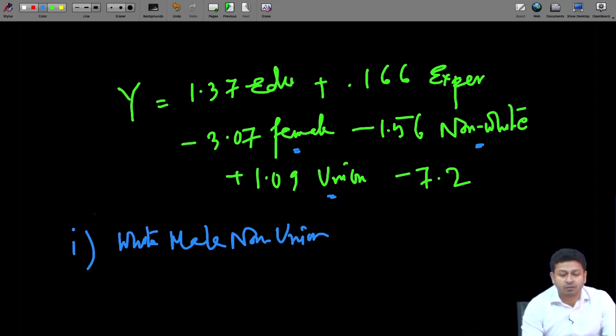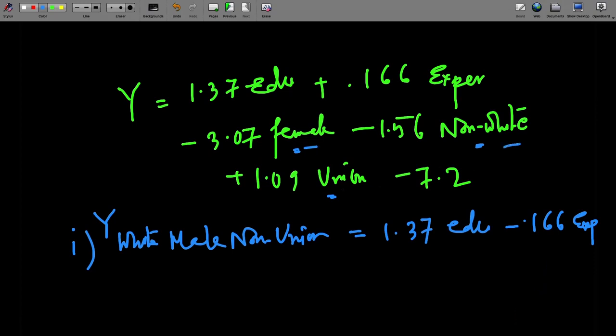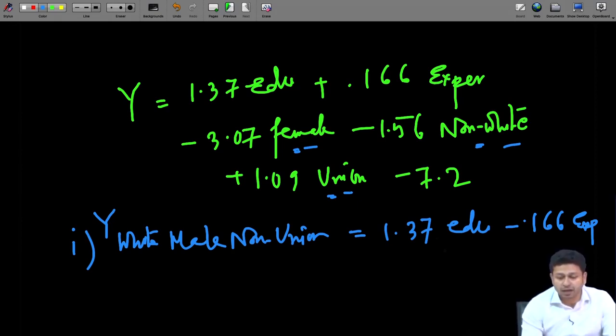So y for white male non-union is going to be only 1.37 times education plus 0.166 times experience, because female is 0, non-white is 0 and union is 0. All these terms are going to be 0, minus 7.2.